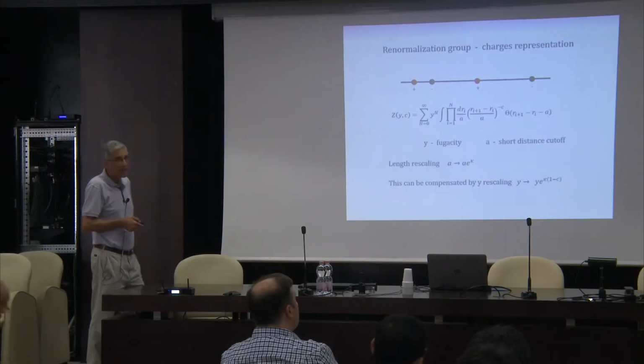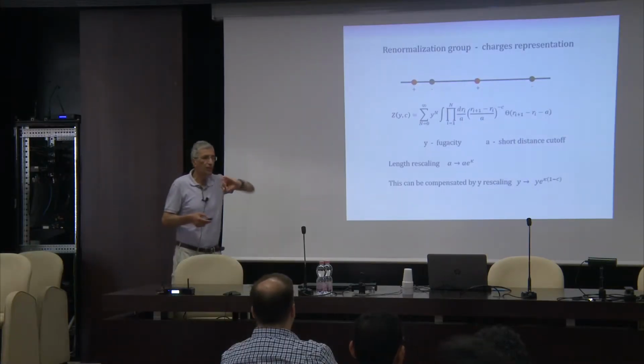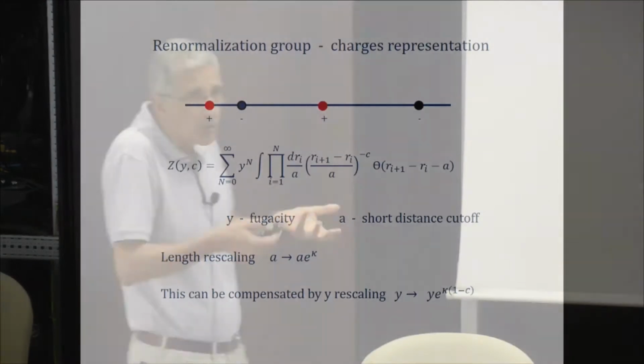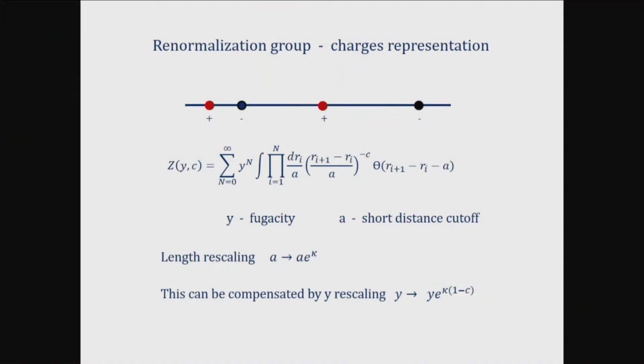Okay. I want to say a few words about the renormalization group and then go to extreme value statistics of the domain size. You see, in this model you have algebraic divergence of the length. How can you also get exponential divergence in this kind of system?